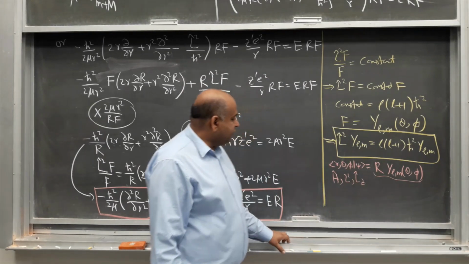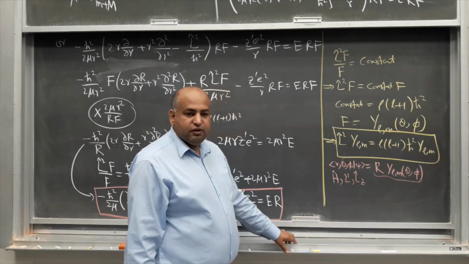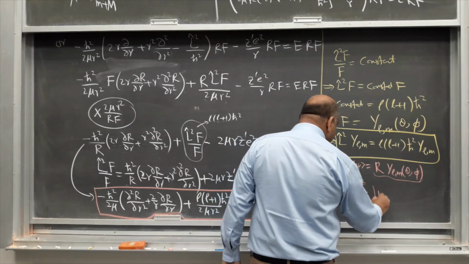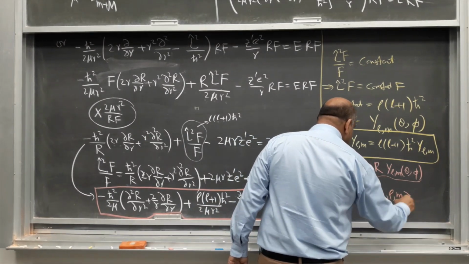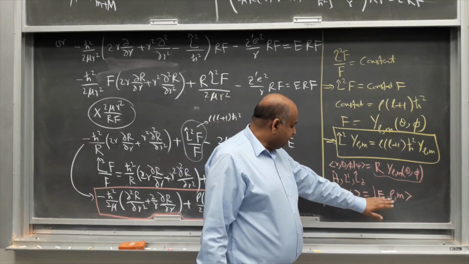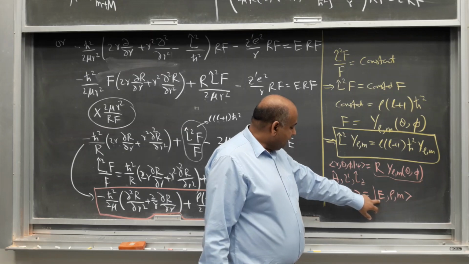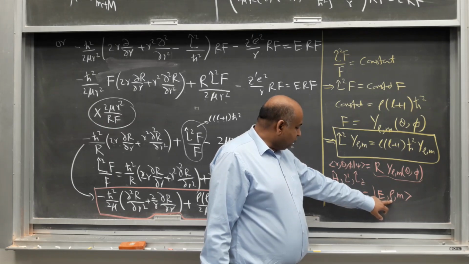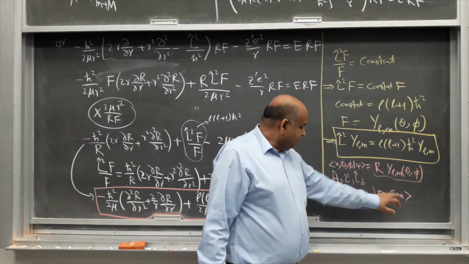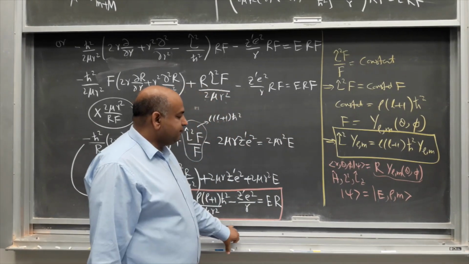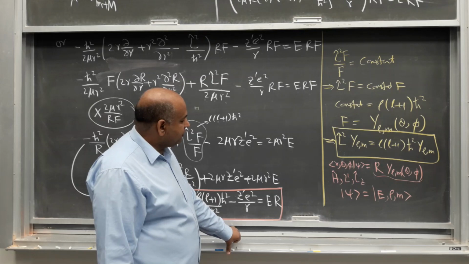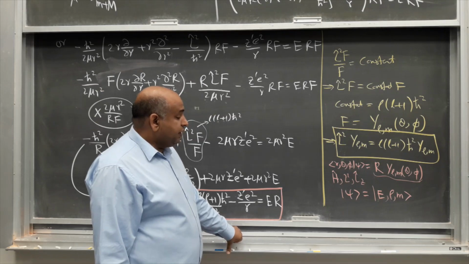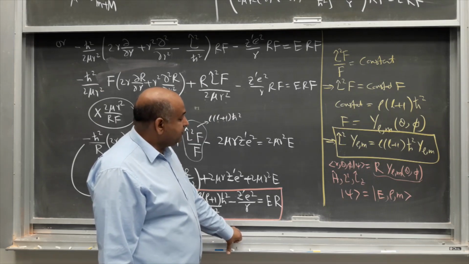So this is a simultaneous eigenfunction of these three commuting operators, which means I can also label the state psi now with energy, L and M. So this is my state, which is now labeled by the values E, L and M. L gives us the total angular momentum, M gives us the z component of angular momentum, and in 3D space we can label any wave function which is an eigenfunction of the Hamiltonian operator by E, L, M for spherically symmetric potentials.